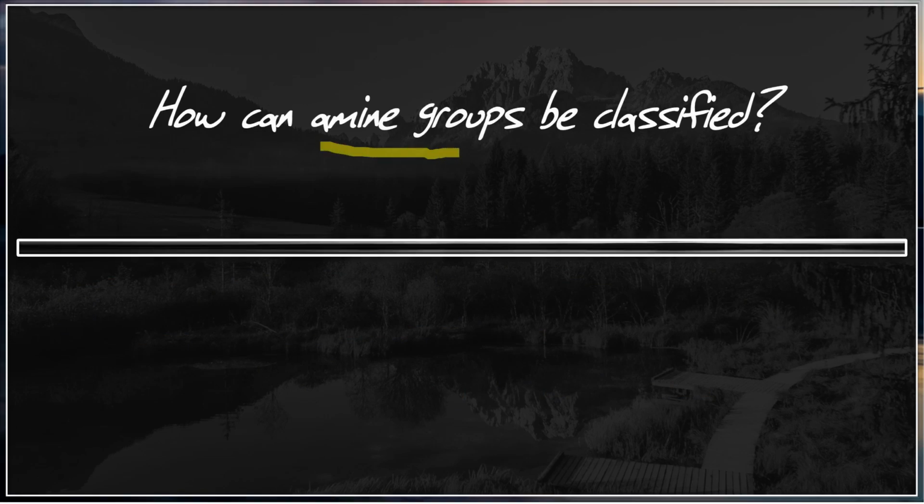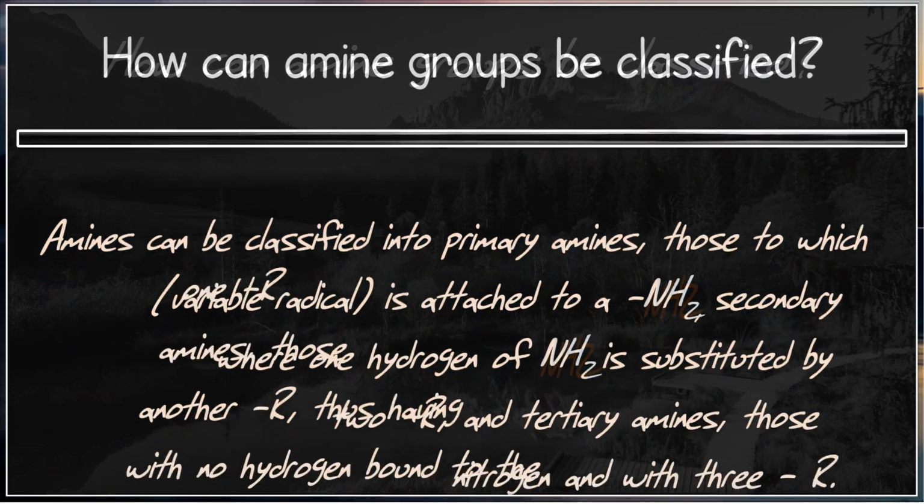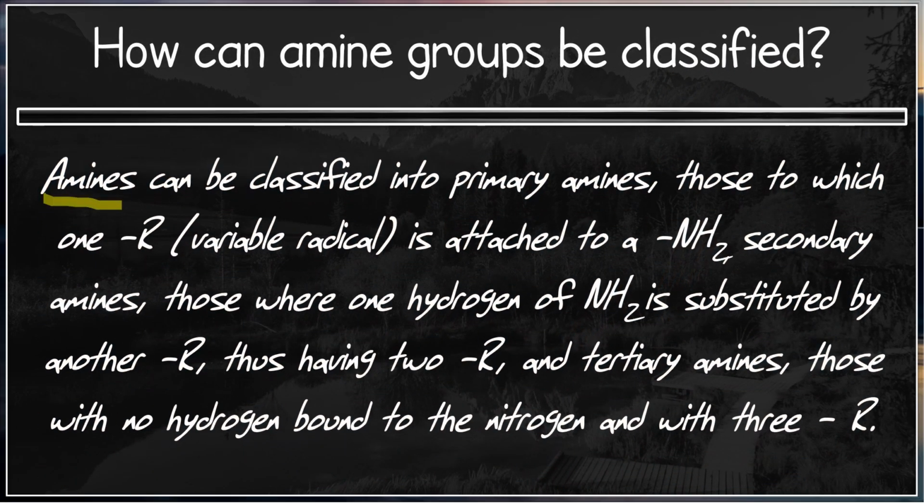How can amine groups be classified? Amines can be classified into primary amines, those which have only one R, the variable radical, attached to NH2.